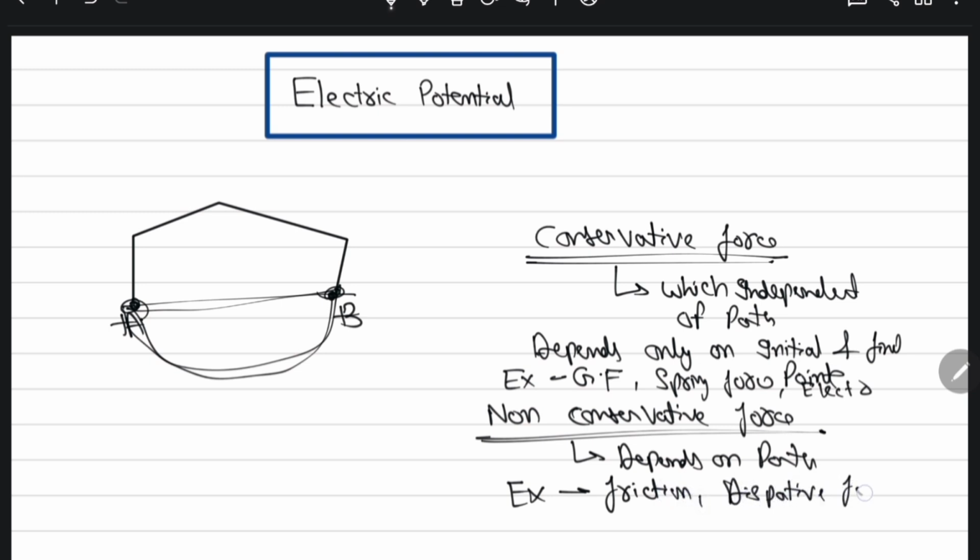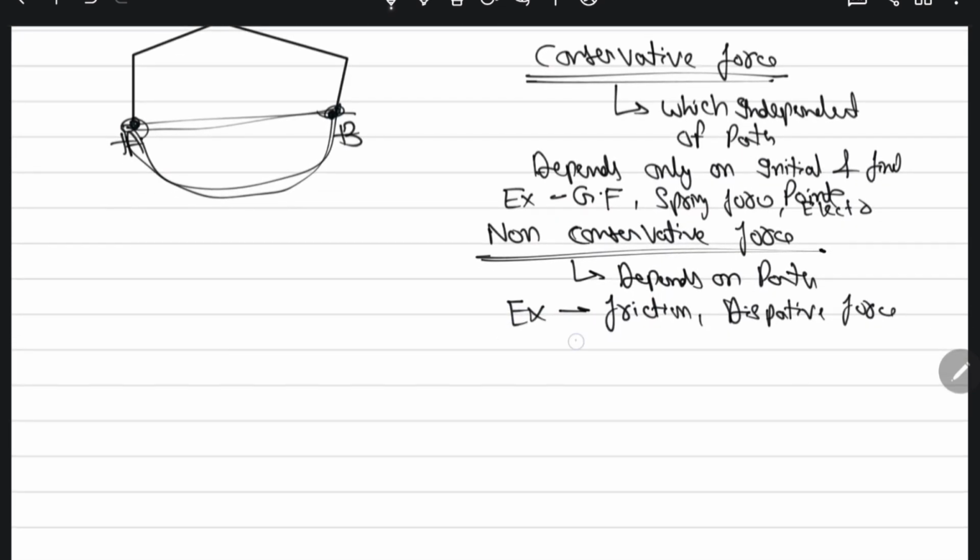Dissipative forces are non-conservative forces.